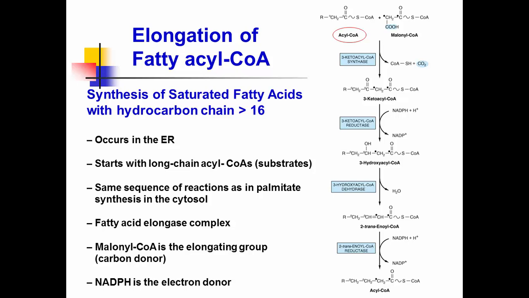The elongation process occurs in the ER, and the starting molecule is the long chain acyl-CoA, different from the previous process where we started with acetyl-CoA. So long chain acyl-CoA is the substrate, and it follows the same sequence of reactions that we talked about in palmitate synthesis in the cytosol.